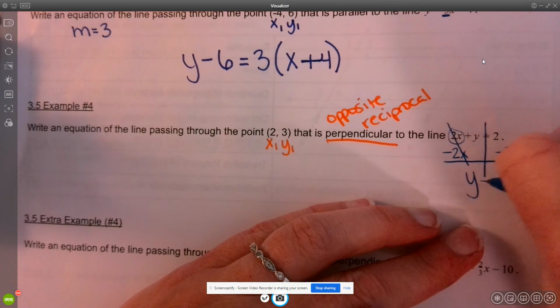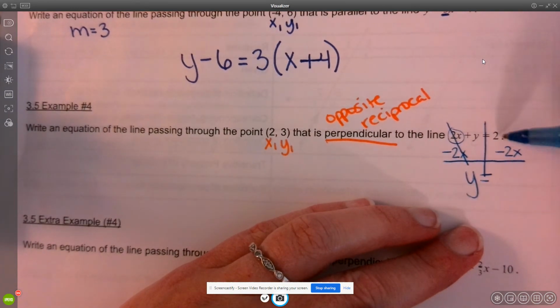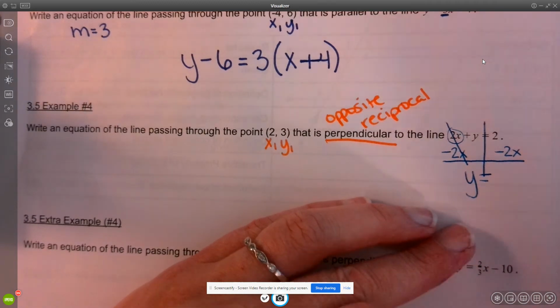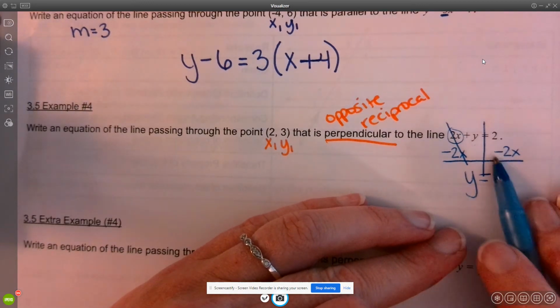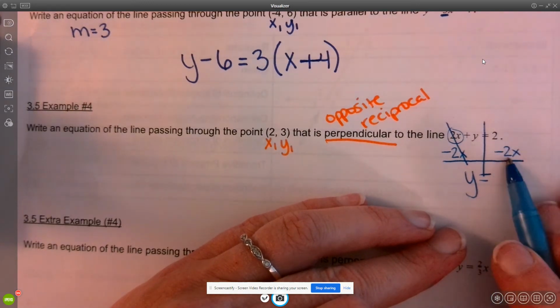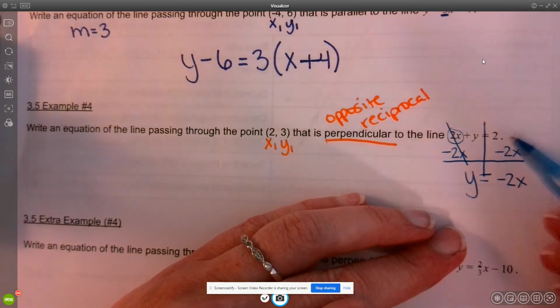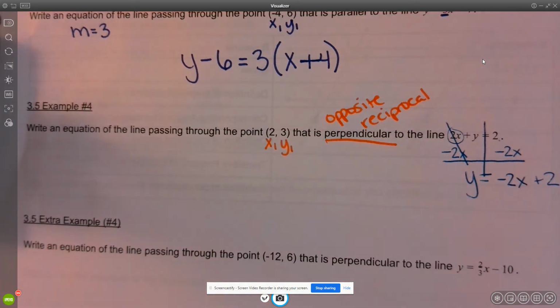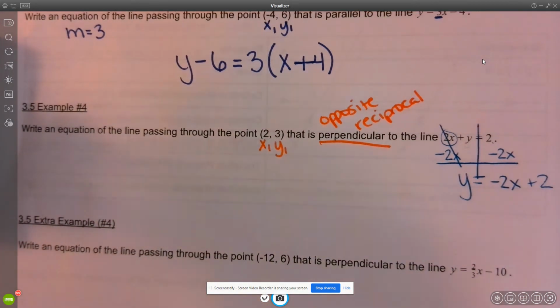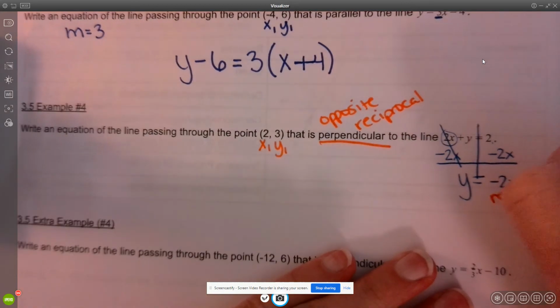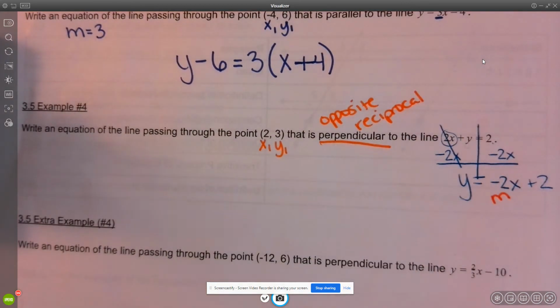This leaves me with y equals, these are not like terms, so I'm going to leave it as it is. We're used to seeing the term with x first in slope-intercept form, so I'm going to put negative 2x and then plus 2. Now I've turned this into slope-intercept form, so it's easy to tell that the slope of this line is negative 2.